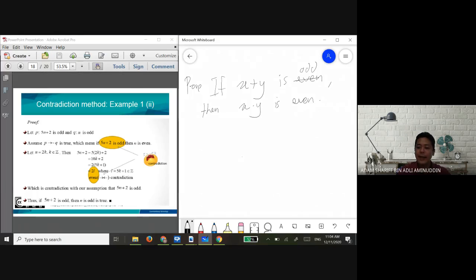Okay, let me double check. Okay, correct. This question is a bit difficult, but it can be answered. Prove that if x plus y is odd, then x times y is even.